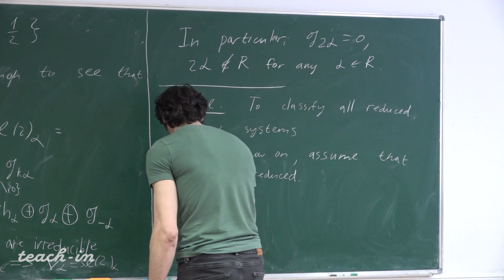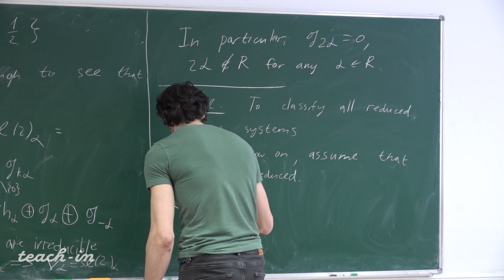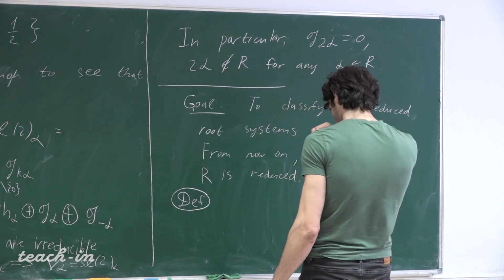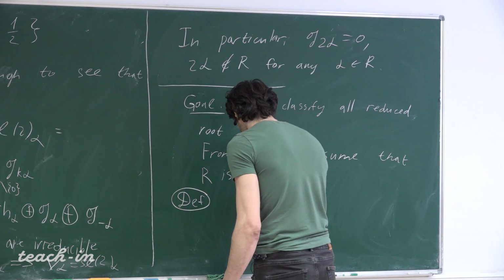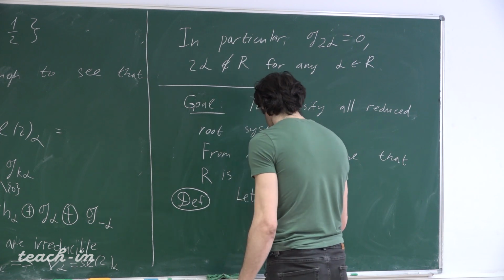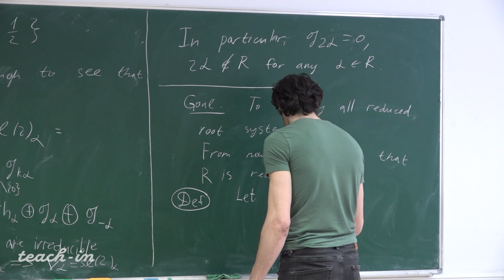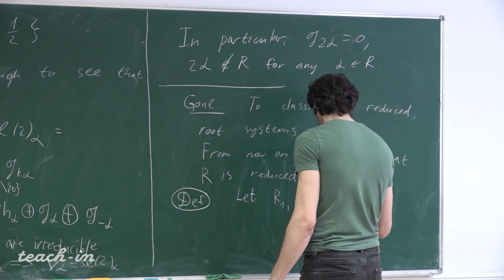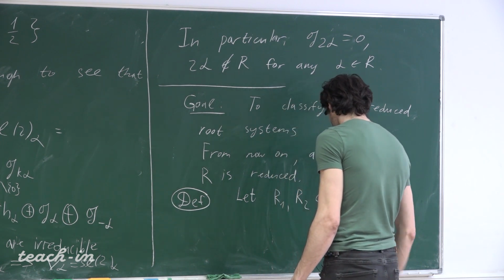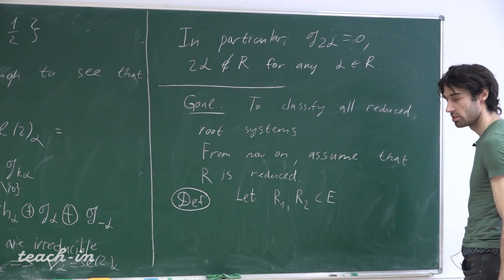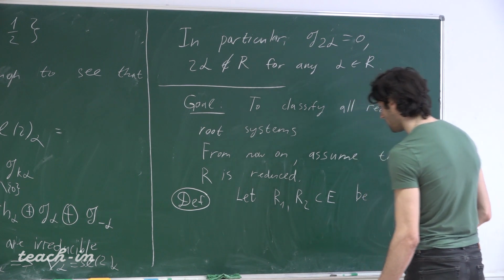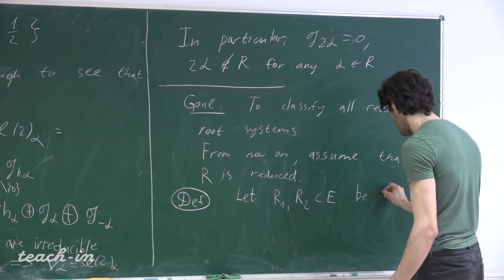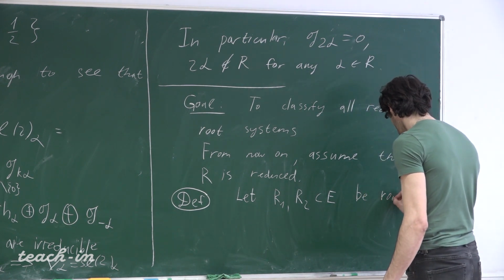Definition. So let R1 and R2 in my Euclidean space be two abstract root systems.